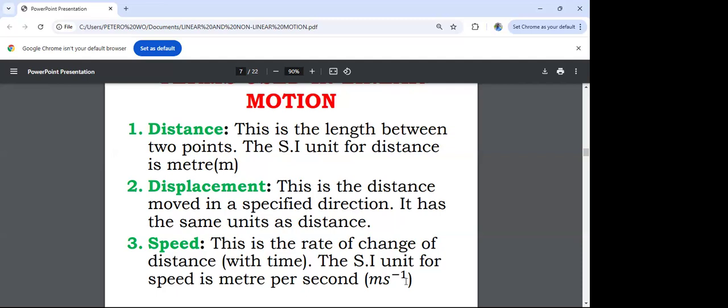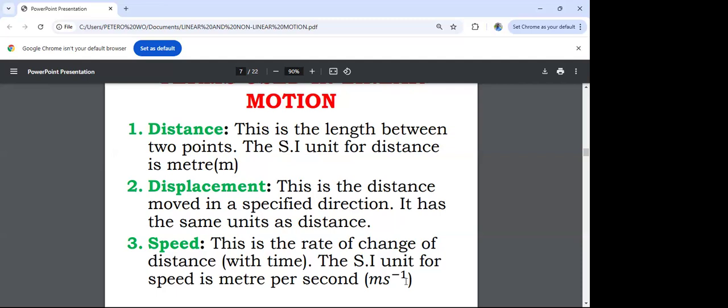Then people have read for us the definition for speed, and they have told us that speed is the rate of change of distance with time. Why did I put with time in brackets? Because some books don't put it there. They just define it as a rate of change of distance, saying that whatever we call rate is already with time.